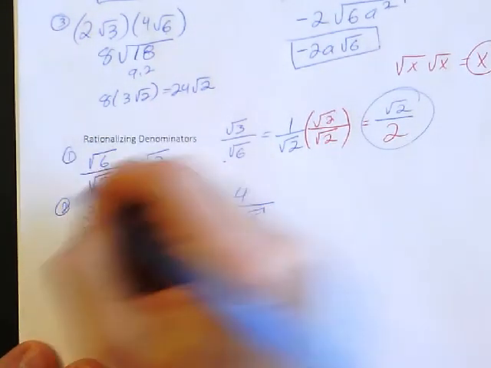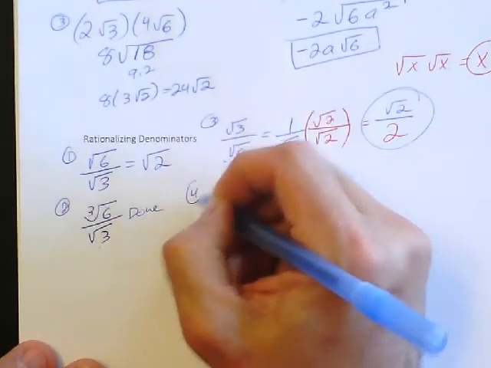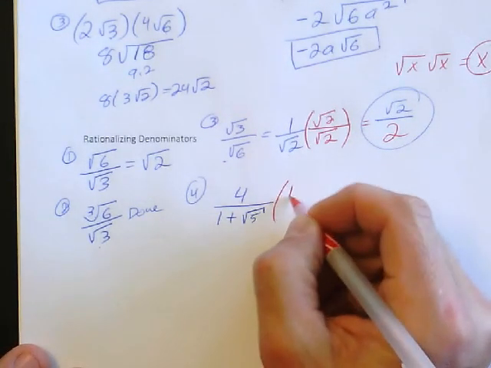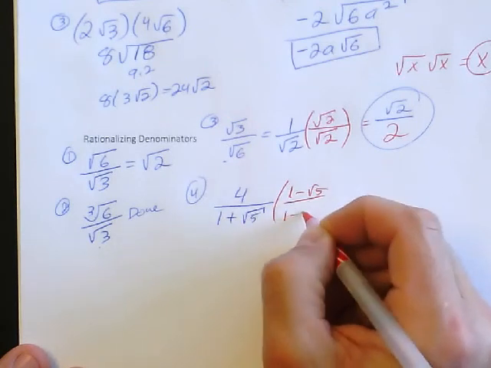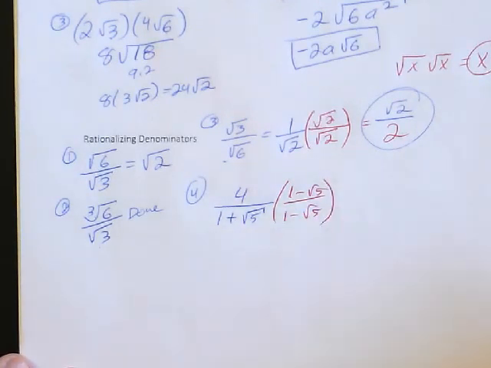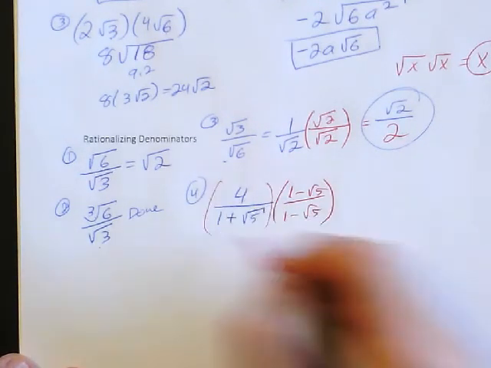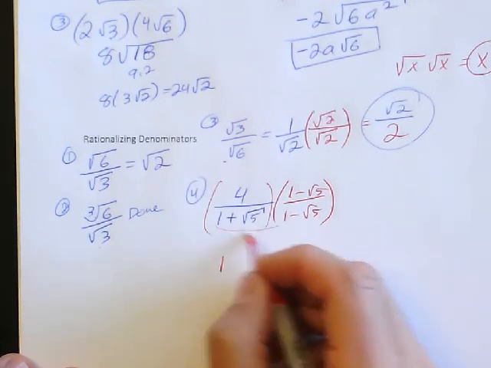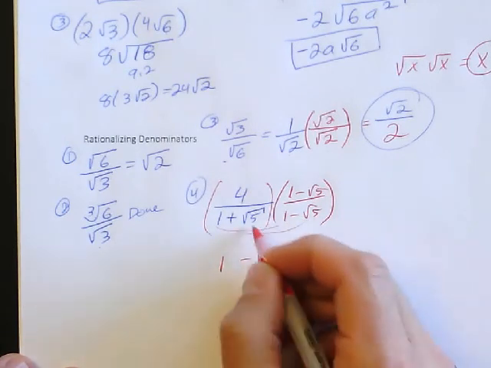It becomes a little more tricky when you have an example like 4 over 1 plus the square root of 5. Here we need to employ something that we call the conjugate. So we're going to multiply by 1 minus the square root of 5 over 1 minus the square root of 5.